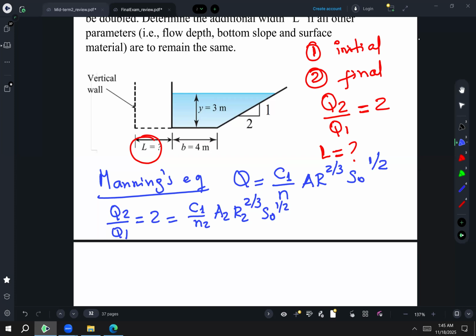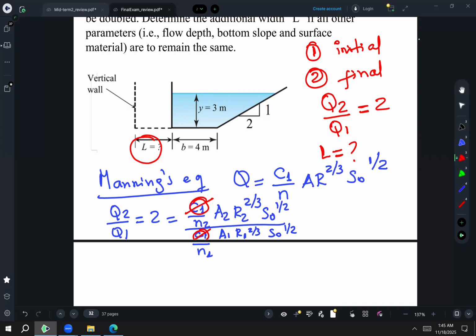The slope will not change. Then we have C1 divided by n1, area 1, hydraulic radius 1 to the 2/3, and the slope of the channel to the 1/2. The coefficient C1 only depends on the units, if it is metric or English, so that will not change.